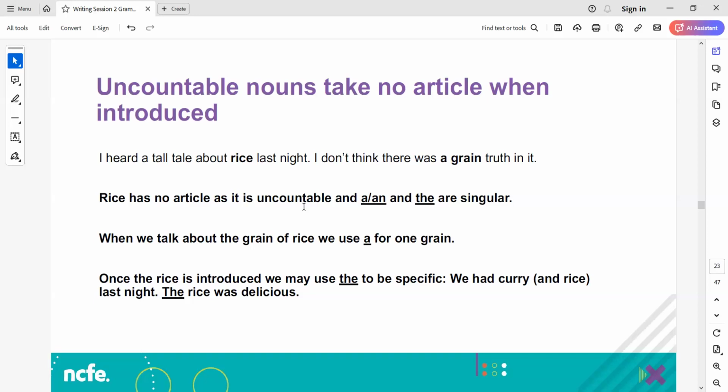So we had curry and rice last night. We're not using an article there for rice. The rice was delicious. We're talking about that specific rice on the plate that we ate last night. So we are going to use an article because we've already introduced it.